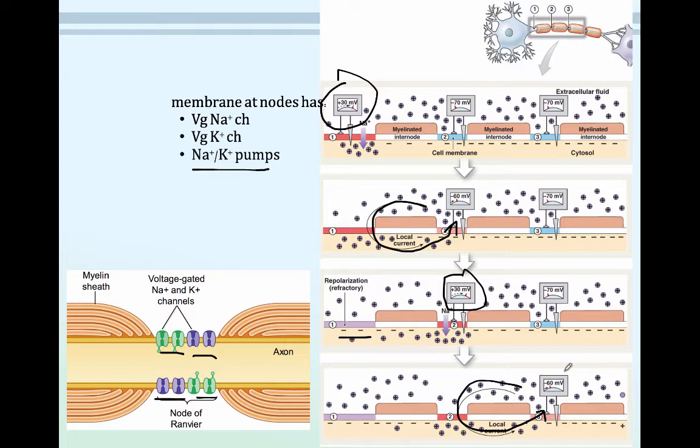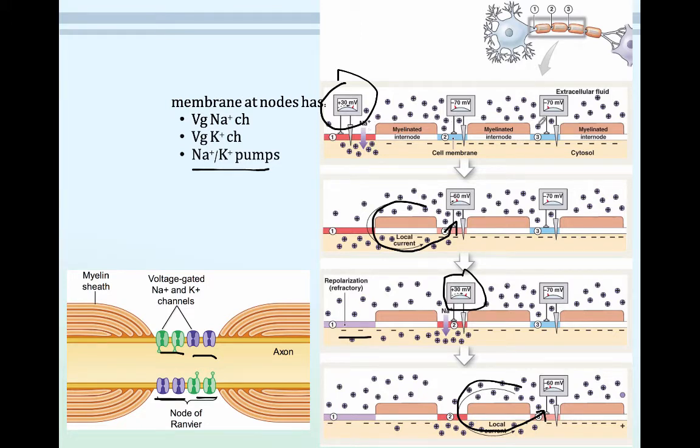This should also help you to understand why the conduction of the action potential down a myelinated axon is so much faster. Again, it's like 200 miles per second that this action potential is moving, because rather than needing to get 1, 2, 3, 4, 5, 6, 7, 8 action potentials, we only need 2.